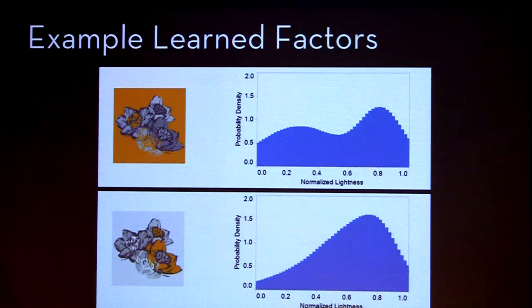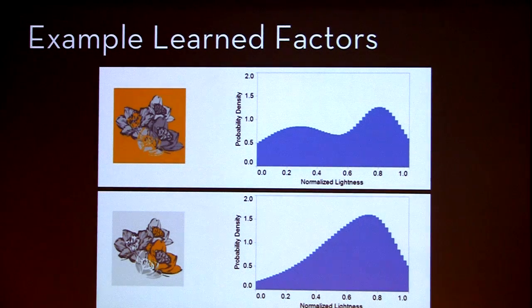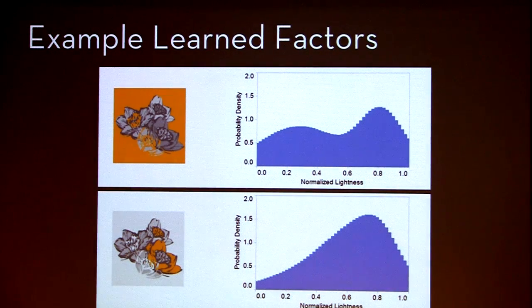Here are a couple examples of distributions over lightness that we actually learned from some of the patterns in our training data set. In these two plots, the pattern region whose probability is being visualized is colored in orange. The interesting thing to note is that for the large background region in the top example, the distribution that we predict is bimodal.